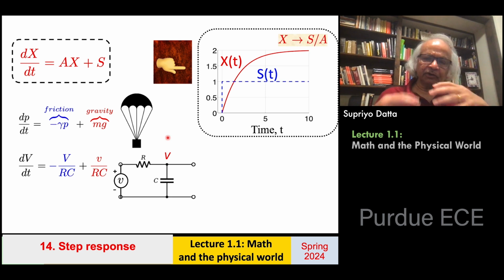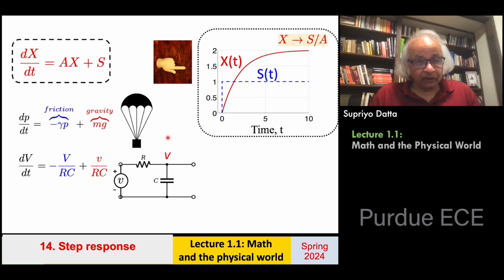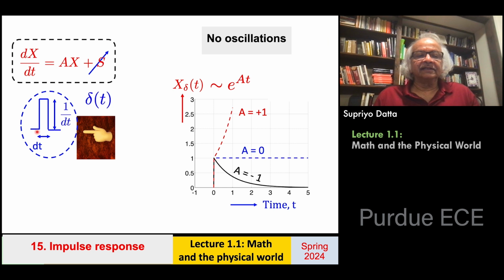Now, in order to understand these solutions, one tool that's very useful is, instead of a step response, to look at what's called an impulse response. So imagine that you're hitting it not with a step function, but with an impulse, something that is 0 generally, but for one short interval of time, it has a high value.